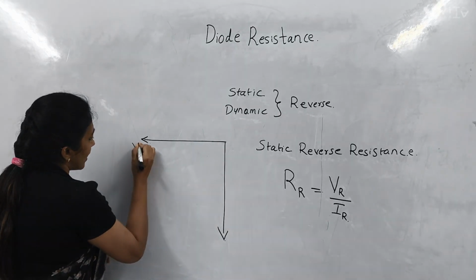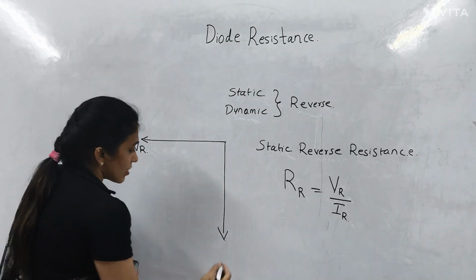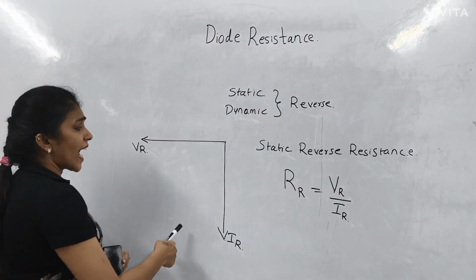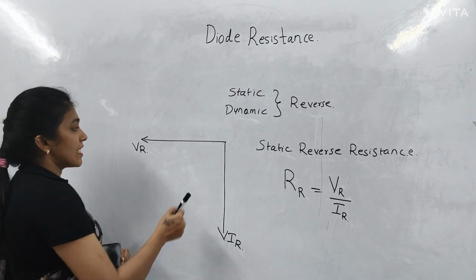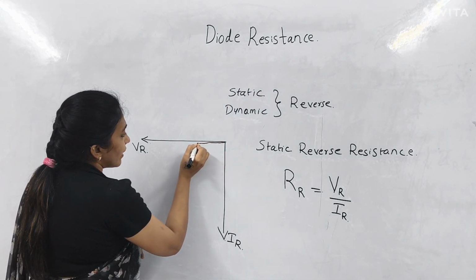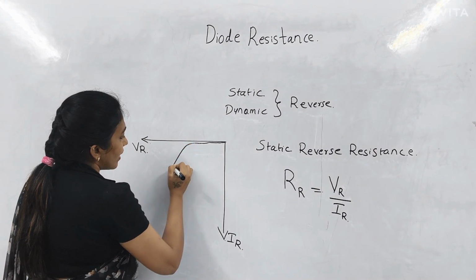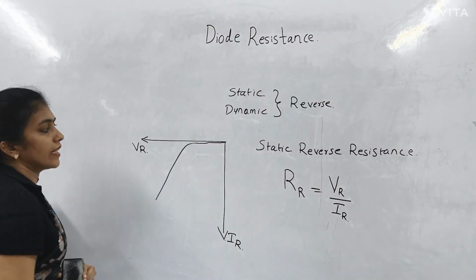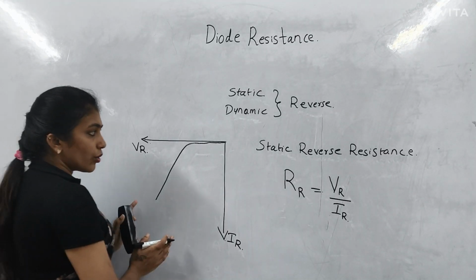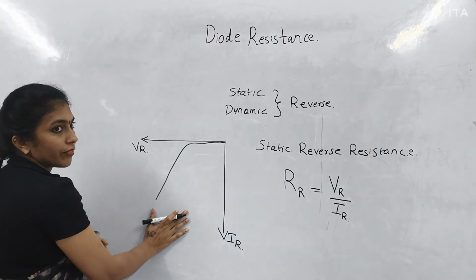In reverse characteristics, on the x-axis is reverse voltage and on the y-axis is reverse current. We already know the characteristics of a diode in reverse bias condition: a very small amount of current flows, and after reaching the breakdown point, current rises suddenly. This is the graph.